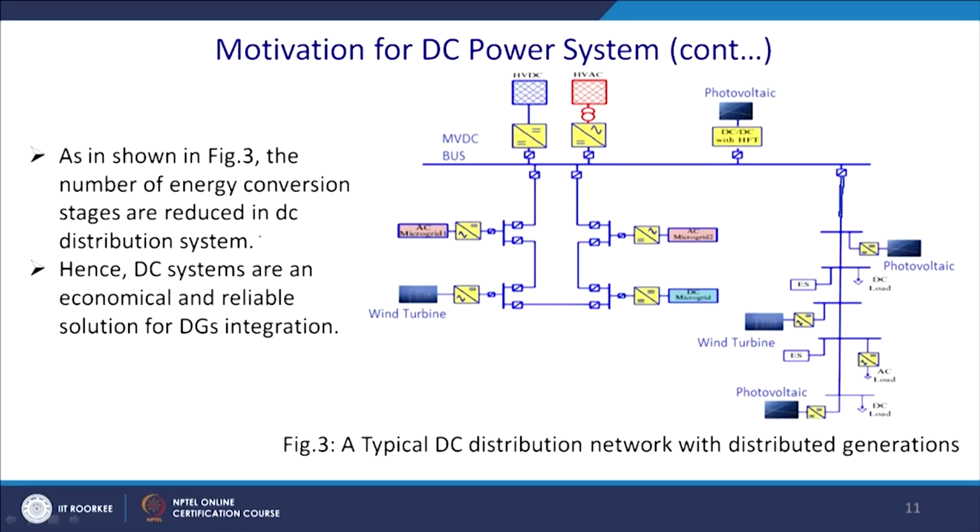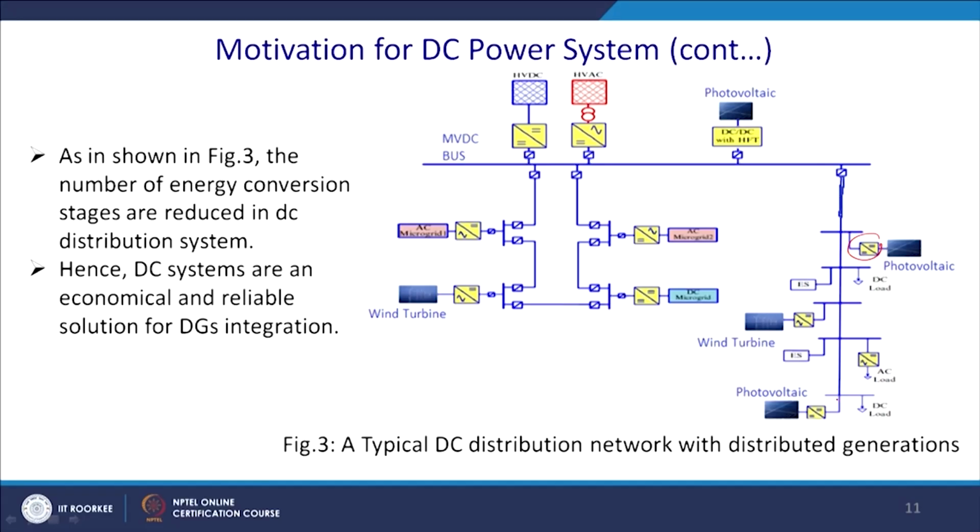Consider that DC distribution system, you have a solar photovoltaic cell, you have a DC to DC converter directly put to the DC bus, you have a DC load and an electric storage element that can be directly coupled, and you have a wind turbine, you have an AC to DC conversion and directly put it, and again you have a solar photovoltaic cell, you can directly put it to a DC to DC converter.